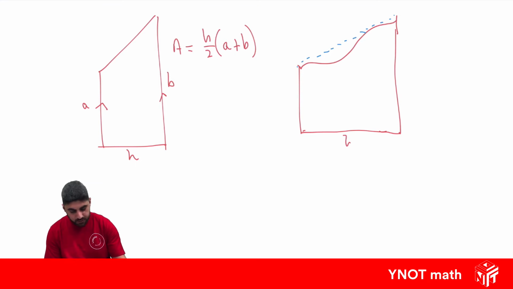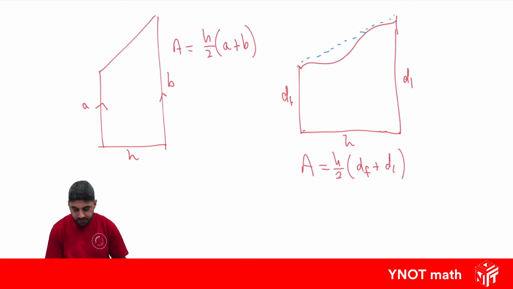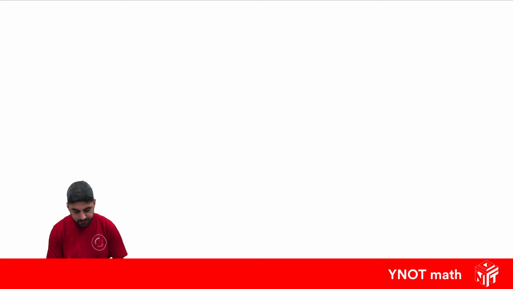So we're still going to call this H, but we're going to call these DF and DL, where the F stands for first and the L stands for last. So the area of this trapezium is going to be H over 2 times DF plus DL. And we may even have to do it twice if we want to split up the shape into two trapeziums, which we're going to have a look at.